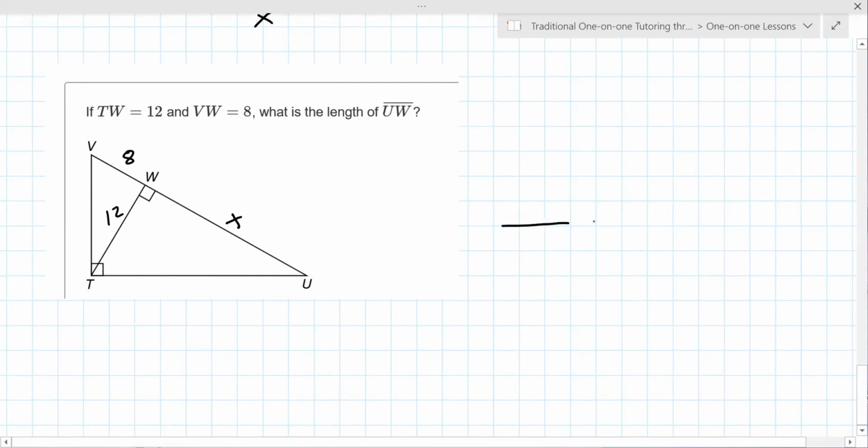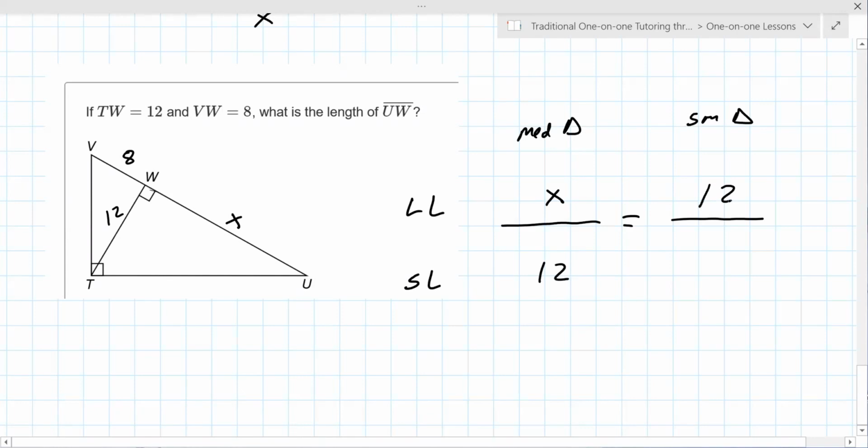So if you remember, we wrote proportions here. What is x? It's the long leg of the medium triangle. What else do we have of the medium triangle? 12, the short leg. In the small triangle, what is the long leg? It's 12.